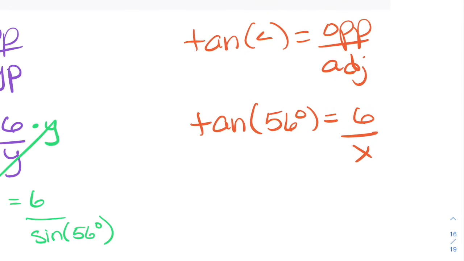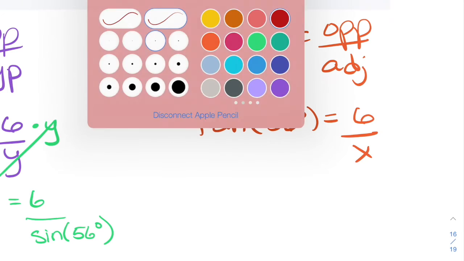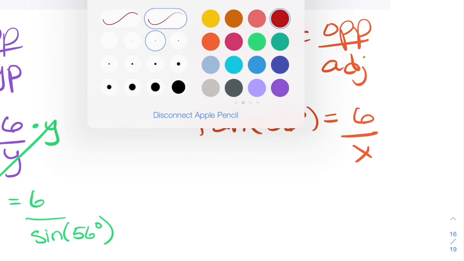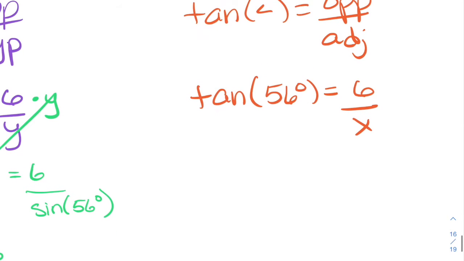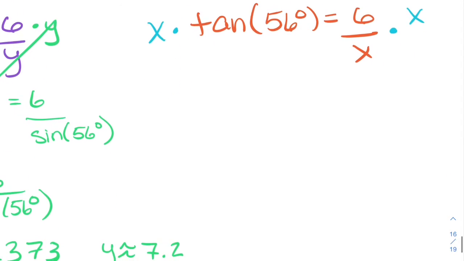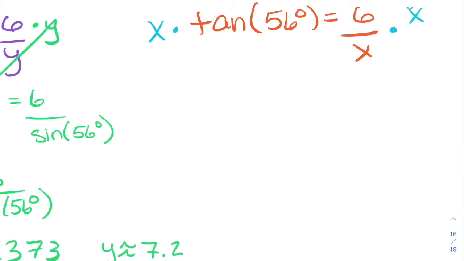And then the next one, this tangent one, let me move it over, save some room here. I'll use this color. Okay. First thing I'm going to do is multiply by x. Again, you can just switch these two if you want, and you're good to go. You'll have 6 divided by the tangent of 56 down here. But if you like solving it this way, that's fine. So you get x times tangent of 56 degrees equals 6.